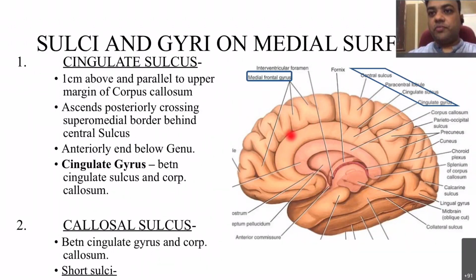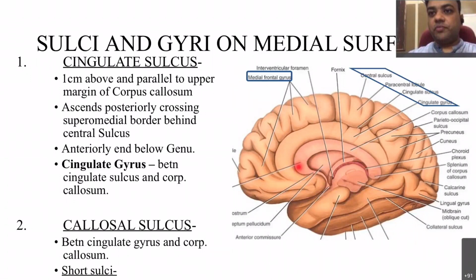So this is present at a distance 1 centimeter from upper margin of the corpus callosum. So you can see this is the corpus callosum. So I hope you know what is the corpus callosum. It is having commissural fibers connecting two cerebral hemisphere.